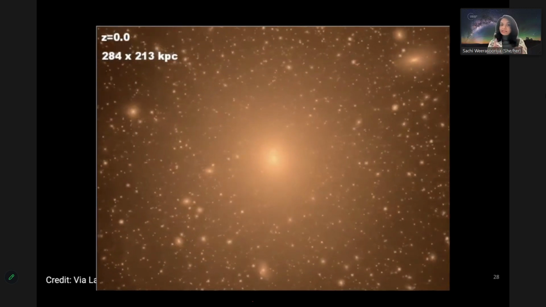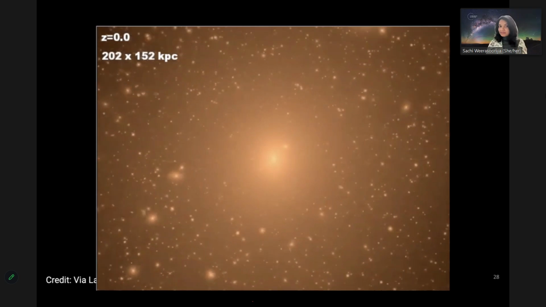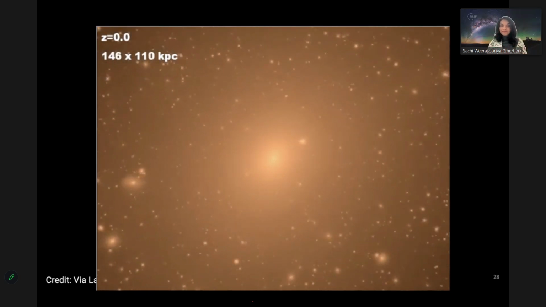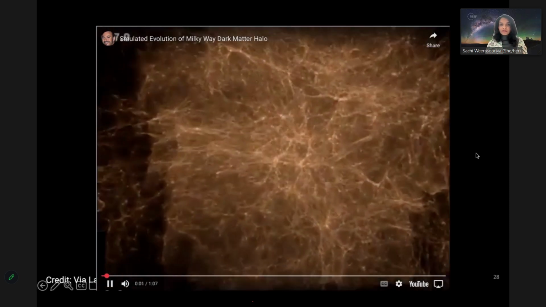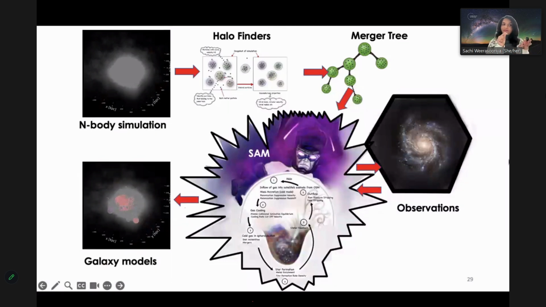But this simulation does not have any gas or stars or any star formation physics. So we can use one of these N-body simulations and apply the baryonic physics, or the star formation physics, using the semi-analytic model. And what we do is compare our models to observations to calibrate and tune this model to get a good fit.